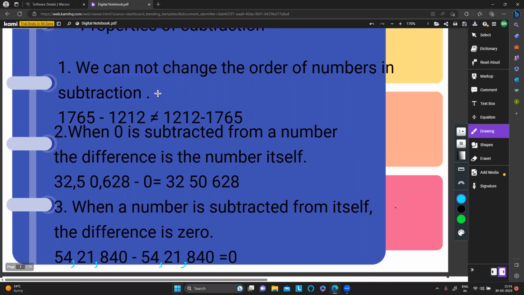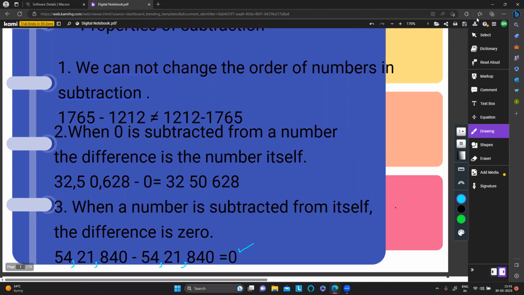So this is going to be 54,21,840 minus 54,21,840, which is going to give you 0. Okay, this is the 0 property here. And these are the 3 main properties of subtraction.